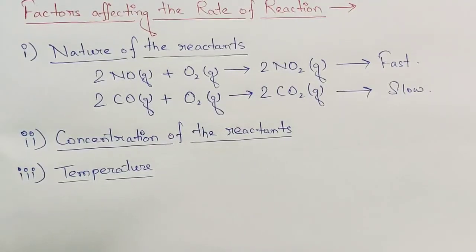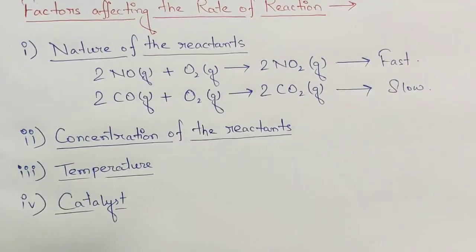Another factor is the catalyst. We know that a catalyst has an important role to increase or decrease the rate of reaction. Most catalysts generally increase the speed of the reaction without themselves being directly involved in the reaction. Those catalysts which increase the rate of reaction are called positive catalysts, and some catalysts are required to control the rate of reaction in order to get the desired product.